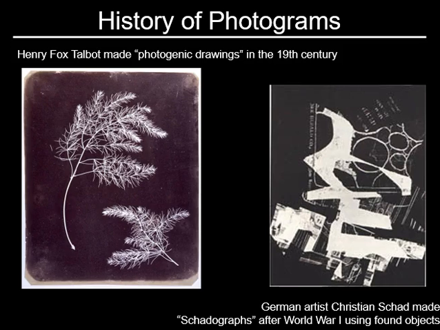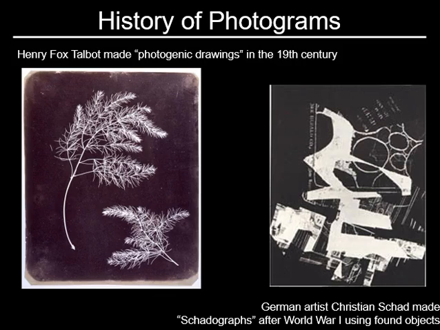The history of photograms. Photograms were probably the earliest form of creating any kind of image using light-sensitive material. So here we have Henry Fox Talbot, who made photogenic drawings in the 19th century, and German artist Christian Schad making shadographs after World War I using found objects.